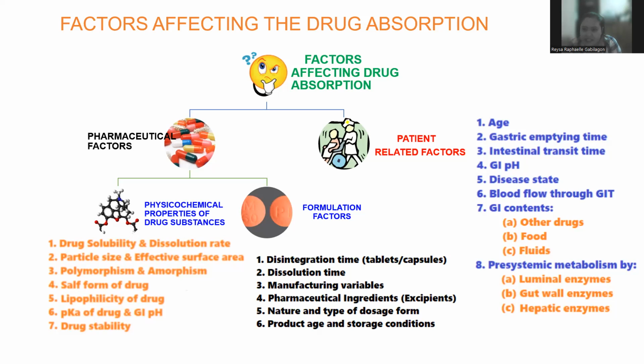And na-mention na din ang disease state, the blood flow through the GIT. So definitely, since we are transferring the drug from the site of administration to the bloodstream, blood flow will dictate also the absorption. Okay? So if we have hampered blood flow in our GIT, that would mean there is also an effect in the drug absorption.